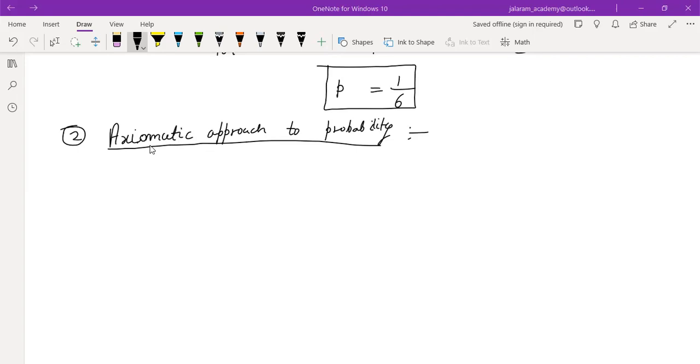Written, everyone? Set theory. So before we discuss about the axiomatic approach, we must know about the different terms related to axiomatic approach to probability. Okay? Then only we can clearly understand the axiomatic approach to probability. Understood?